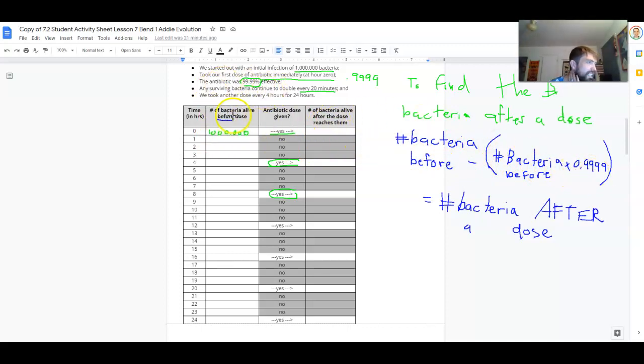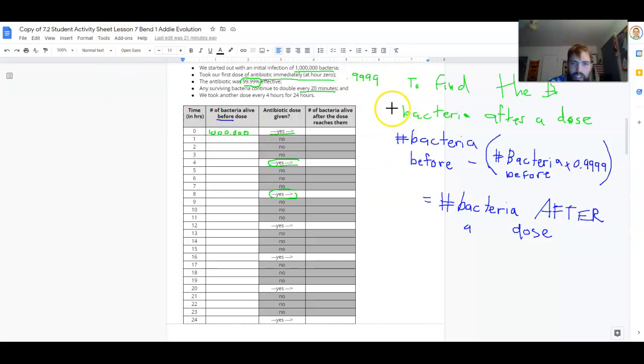That's the 99.99% effective part. So take out your calculator, and in this case, we multiply 1 million times 0.9999.